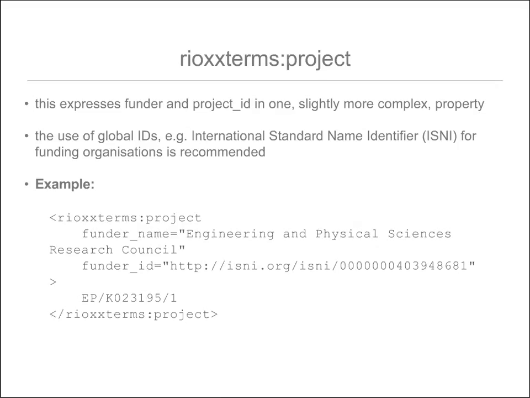A given paper will be the output of a particular project which has one or more funders associated with it, and that's the form that's given there. We've strongly recommended the use of the International Standard Name Identifier, ISNI, particularly for organisations, given that ORCID is becoming the de facto standard for identifying authors.